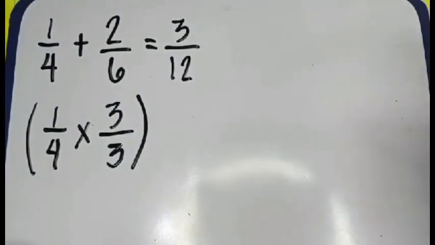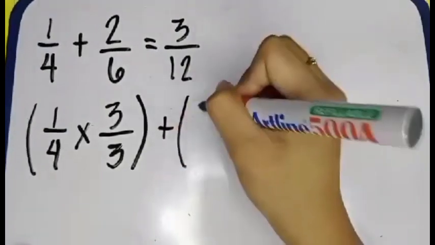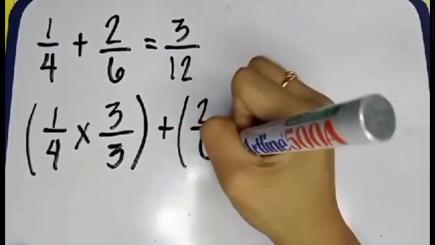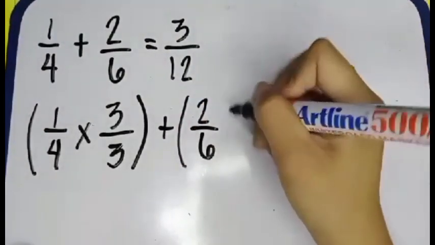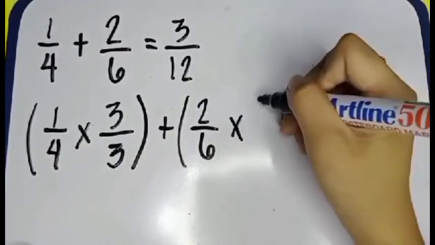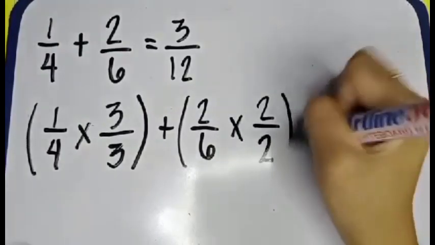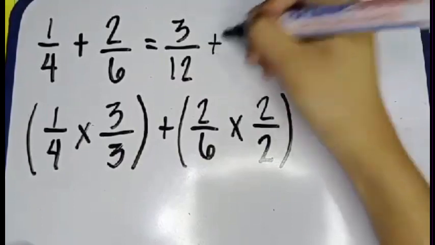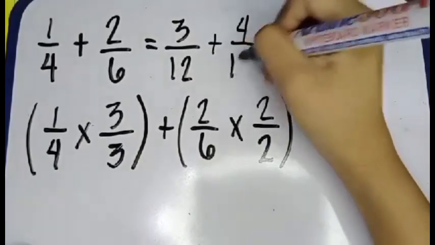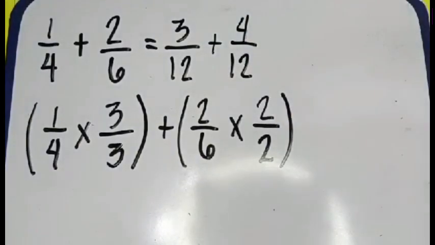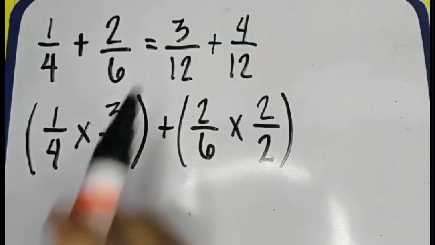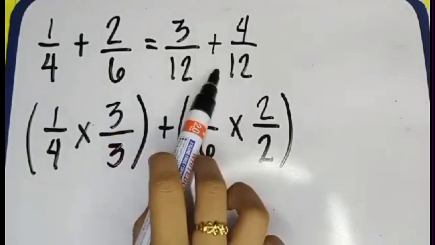And 2 over 6 times 2 over 2 is equal to 4 over 12. Now we have 3 over 12 plus 4 over 12.